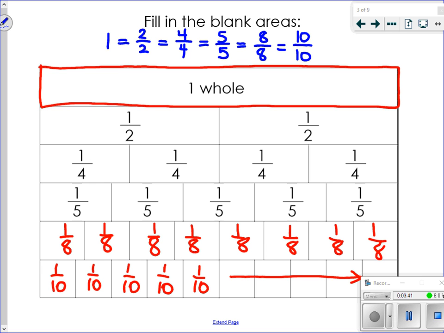Look at those fractions that are all equivalent, and they're all equivalent to 1. They all equal 1. What do you notice about their numerator and their denominator? In each case, they are the same, right? Whenever you have a fraction that has the same number in the numerator and in the denominator, that fraction is always equal to 1.